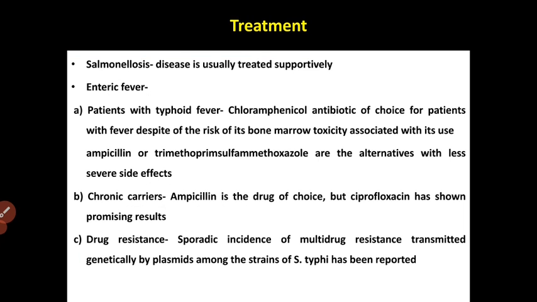Chronic carriers: ampicillin is the drug of choice, but ciprofloxacin has shown promising results. Third is drug resistance. Sporadic incidence of multidrug resistance transmitted genetically by plasmids among the strains of S. typhi. Okay. This is the treatment part.